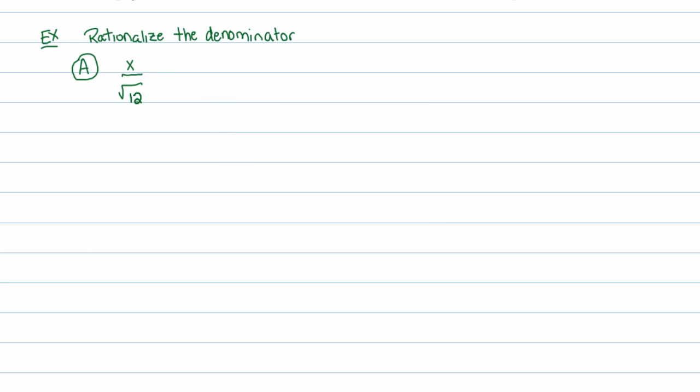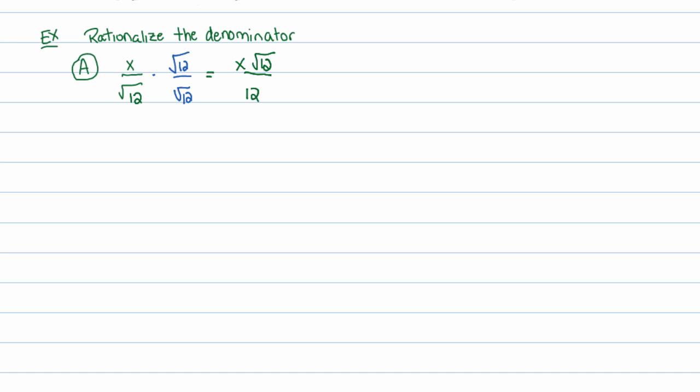Now let's start with this one. This fraction has a radical in the denominator, so what I'm going to do is multiply top and bottom by the half power of 12 to make that denominator have a full power of 12. Here we go. We get x times the square root of 12 on top, and on the bottom we get a full power of 12.